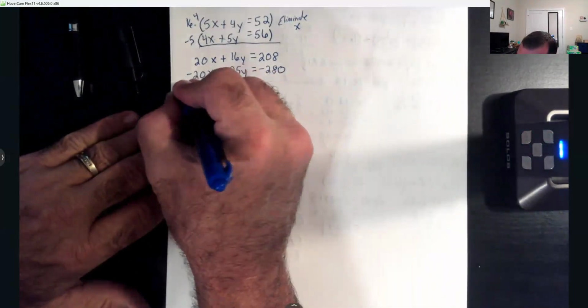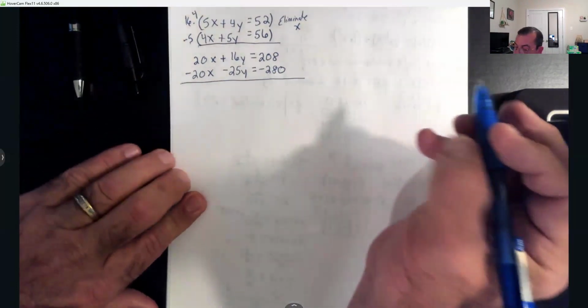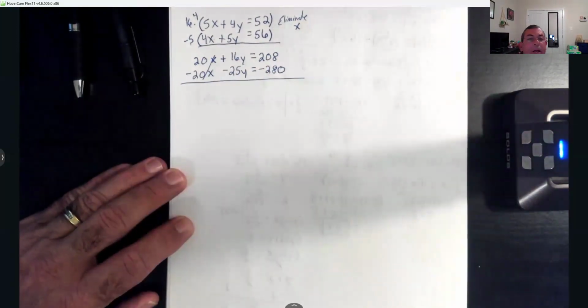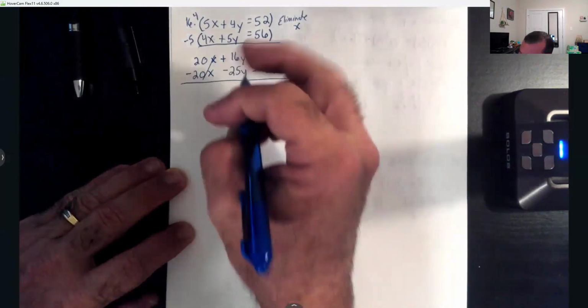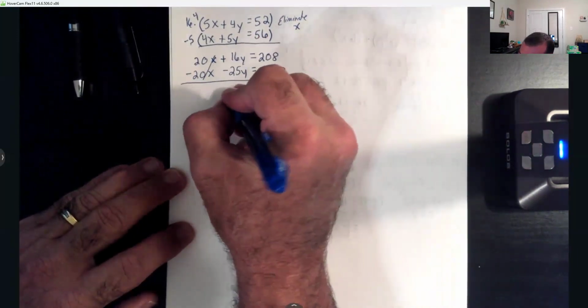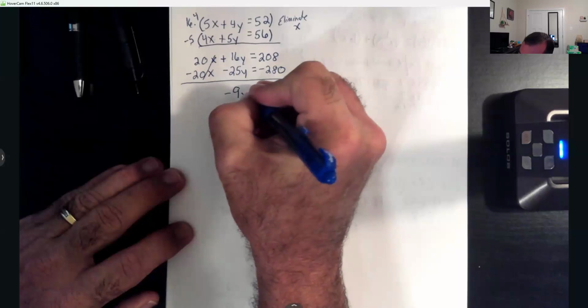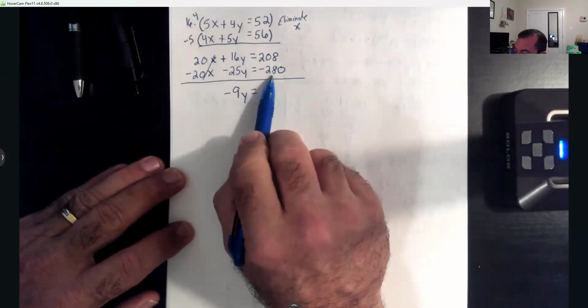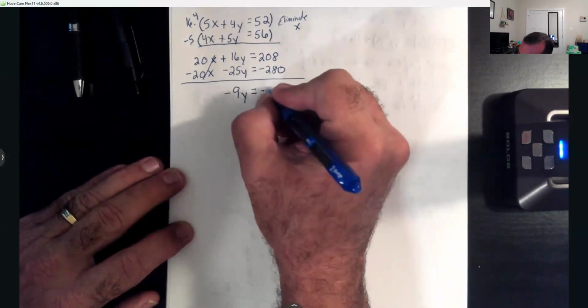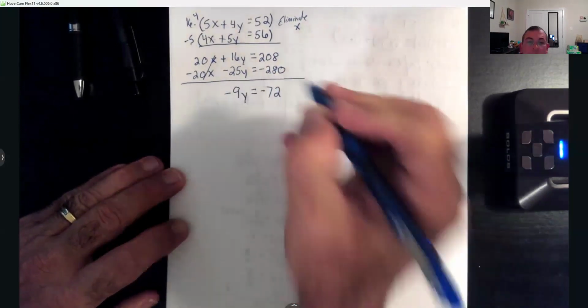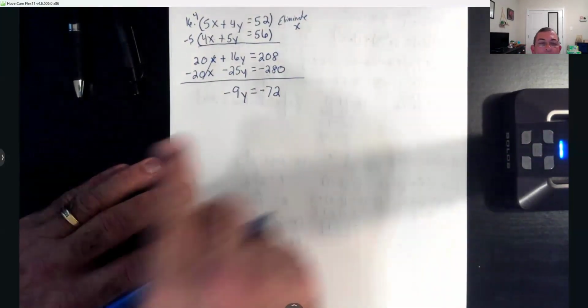All righty, y'all. So I'm going to add them together, but the x's cancel like we wanted. 16 and negative 25 are going to give us a negative 9y. And then that negative 280 and 208 give me a negative 72. So we got one variable left.